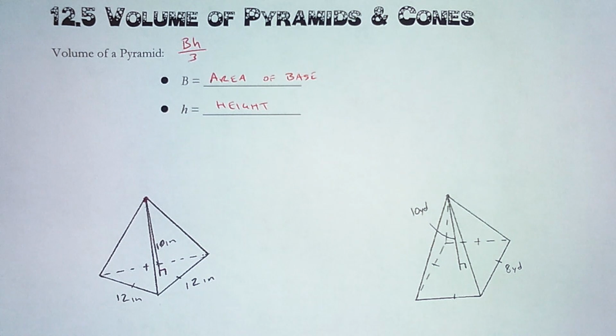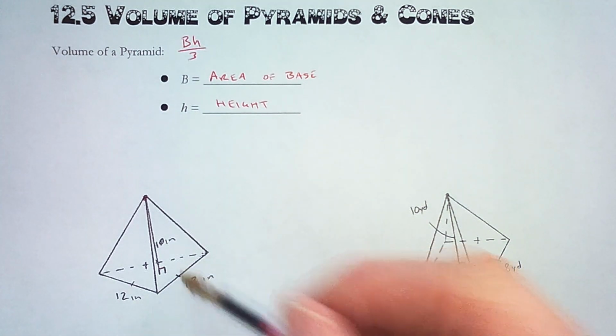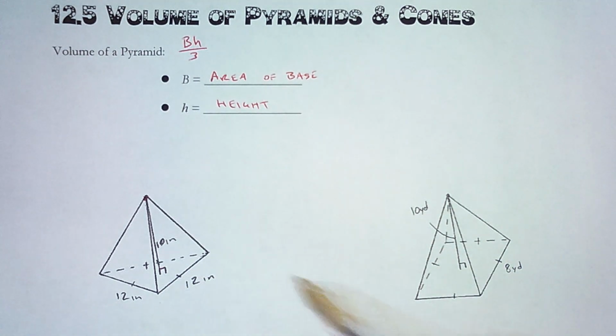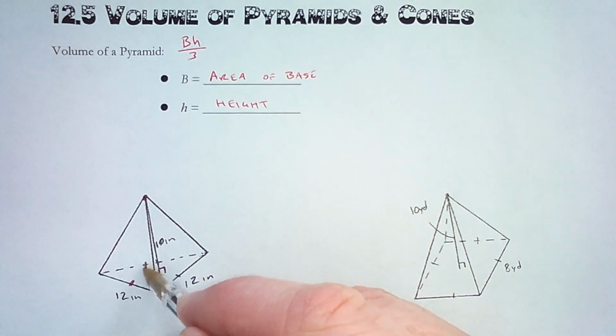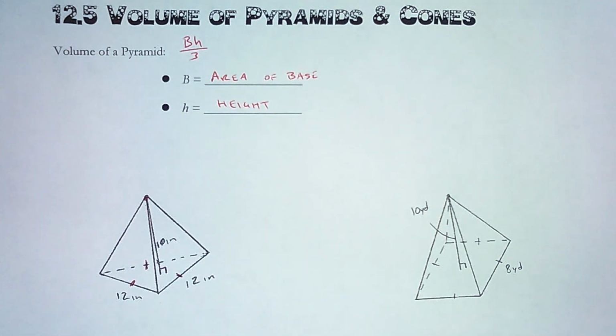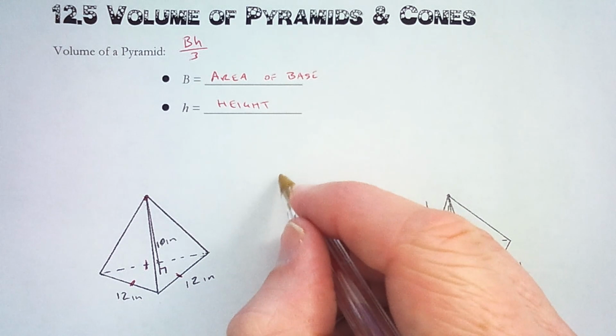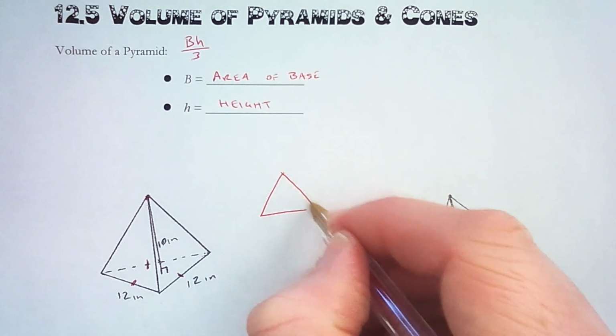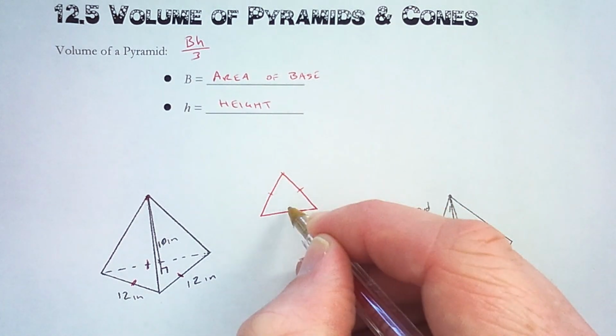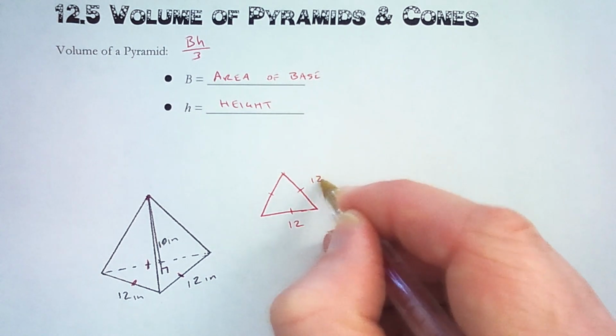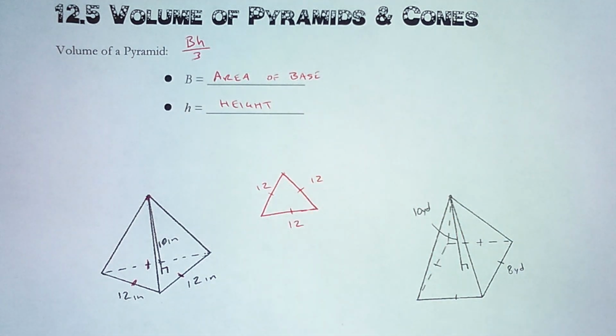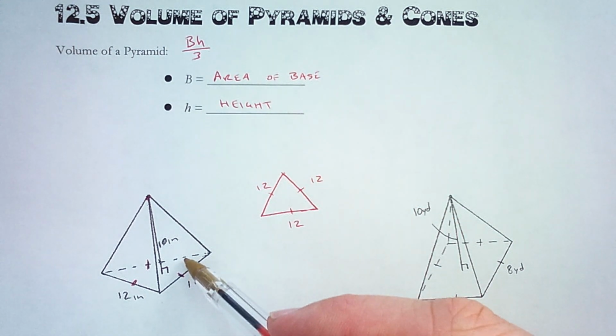So what I have here is a triangular pyramid because the base is a triangle. And I've got tick marks on all 3 sides, which means we're looking at an equilateral triangle here. And I'm going to draw that base off to the side. Okay, so that is what the base of this pyramid looks like.